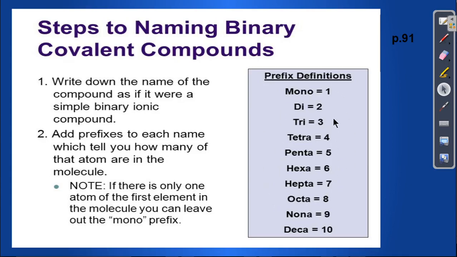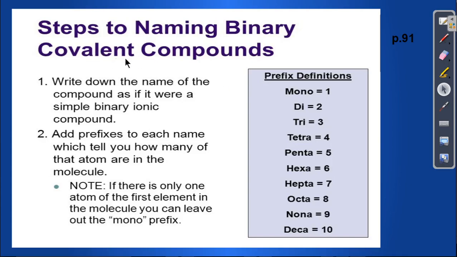You have nonmetals, so how many you have of the first, how many of the second. By using prefixes. You probably know these prefixes from geometry. Mono, di, tri, tetra, penta, hexa, hepta, octa, nona, and deca. And if you have not memorized these, you will have to memorize it. You always have to give me those, remember the suffixes, those little numbers?